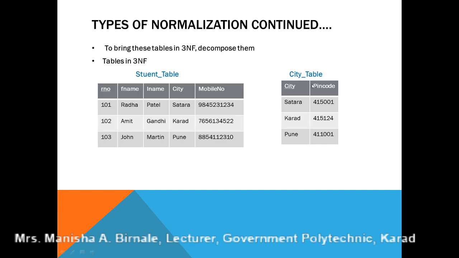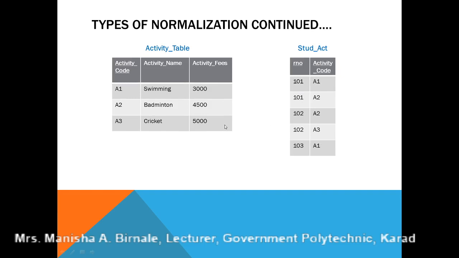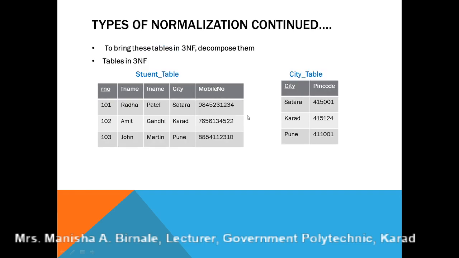And the second table will contain city and pin code. Now in student table, roll number is a primary key, and in city table, city will work as a primary key. Now the remaining two tables will come as they are because they are already in third normal form. There is no transitive dependency present. So our tables are now in third normal form.